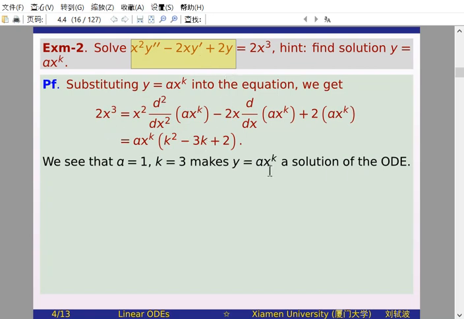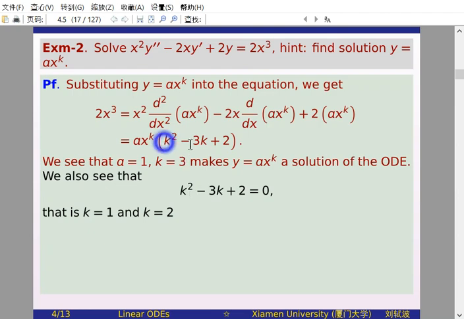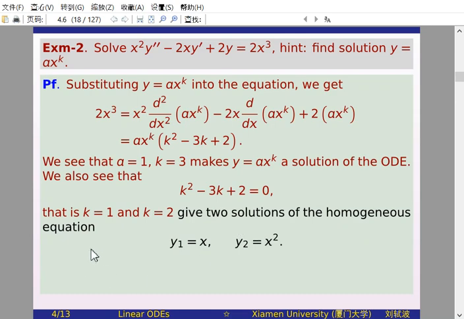By our previous computation, if we take k such that the coefficient k squared minus 3k plus 2 equals 0, then the corresponding a x^k will be a solution of the homogeneous equation, because although we have a x^k here, we multiply by 0. So when k is 1 or k is 2, we obtain the two solutions for the homogeneous equation: y1 is x and y2 is x squared.